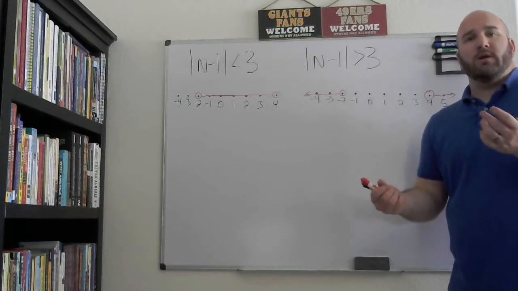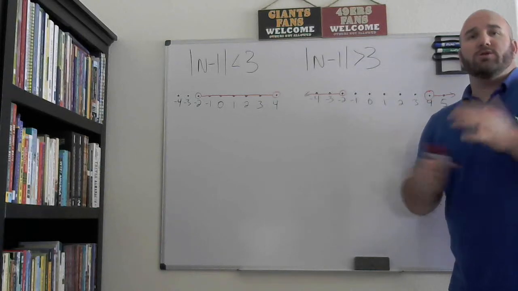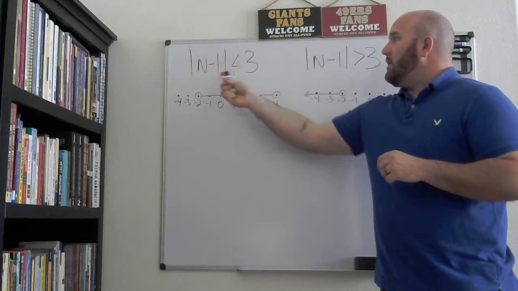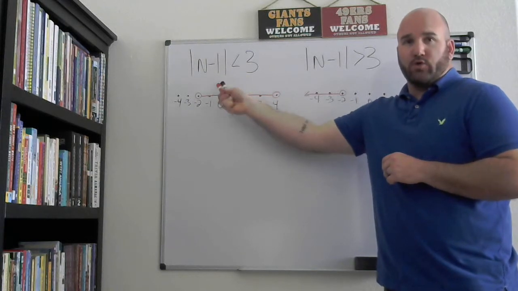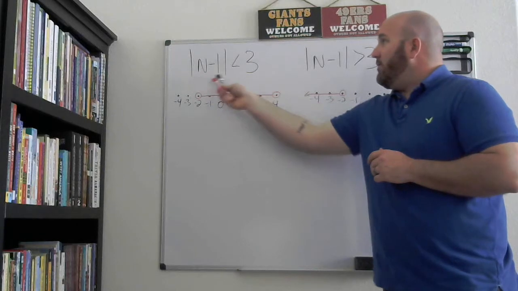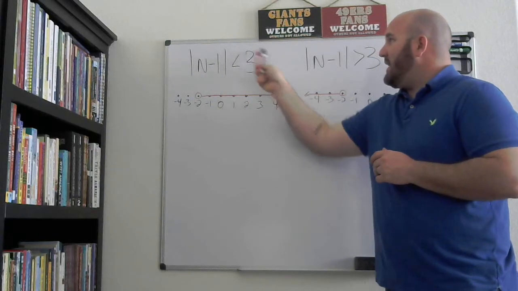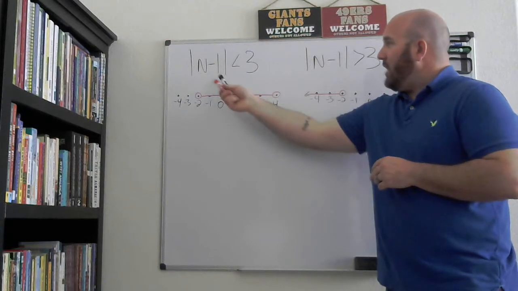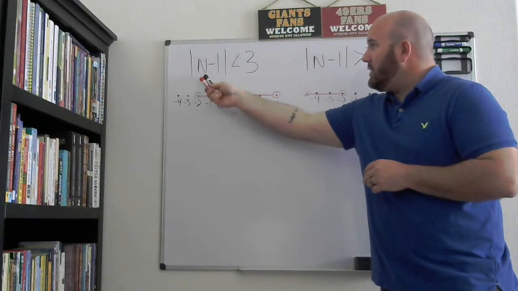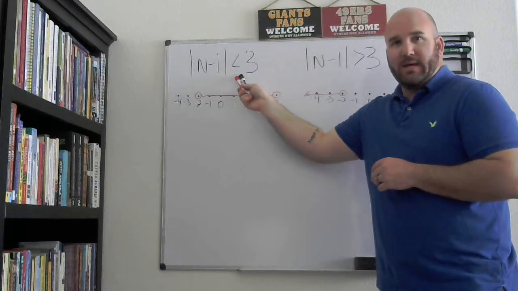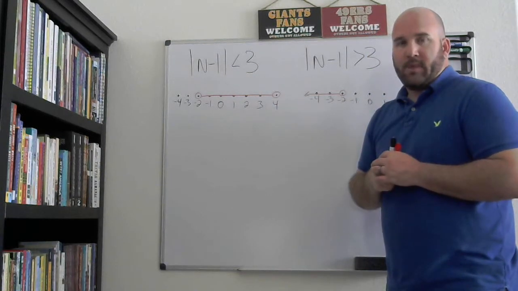Now remember, when you solve an inequality, the solution that you're looking for is anything that makes the statement of the inequality true. So if we look at this one, the absolute value of n minus 1 is less than 3. What that is saying is that the absolute value of any solution to n minus 1 is going to be less than 3.